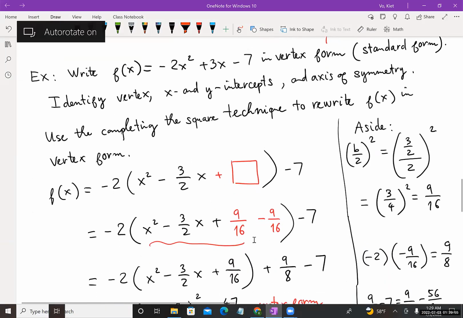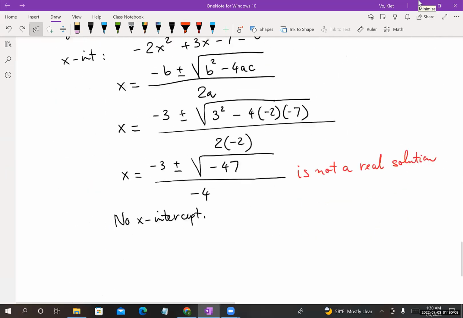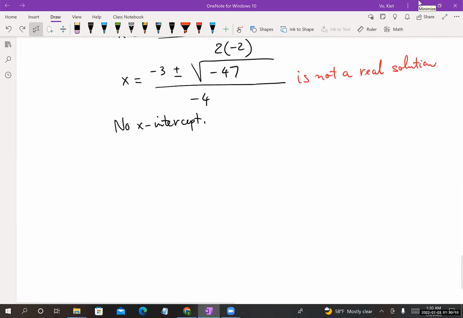Okay, so let's move on. Let's try a different type of question. You can see that based on the graph of a parabola, we're able to identify the maximum and the minimum of the quadratic function.